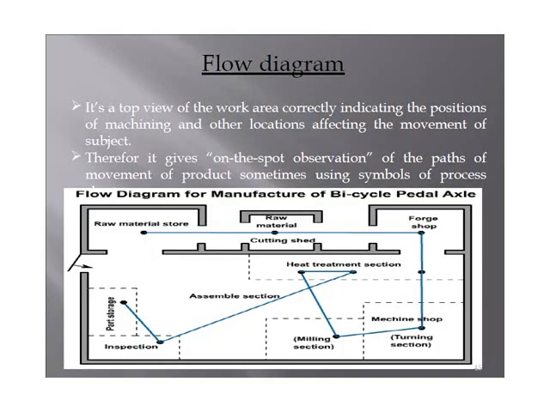So what is a flow diagram? As shown in the figure, a flow diagram will give you a top view of the work area, a pictorial representation of where the machines are located, and how the material is moving from one station to another, how much distance it has moved, and whether there is any backtracking.